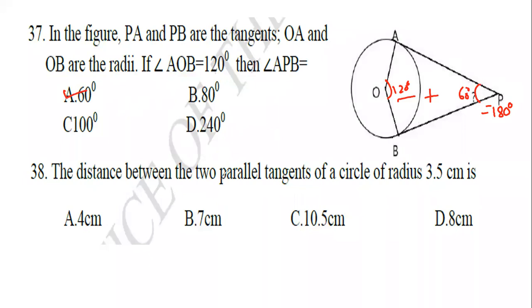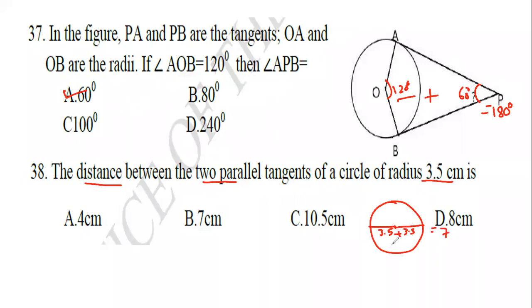Next, the distance between the two parallel tangents of a circle of radius 3.5 centimeter. This is a circle. Radius is 3.5. Then diameter is equal to how much? Diameter is, add this one, we'll get 7 centimeter.